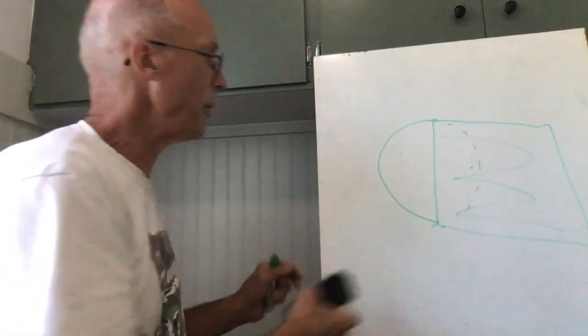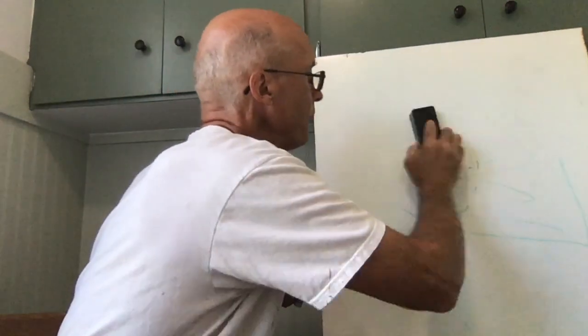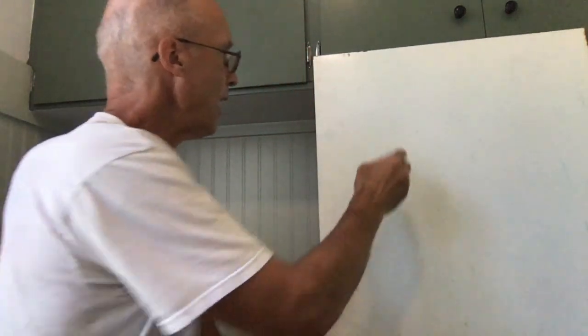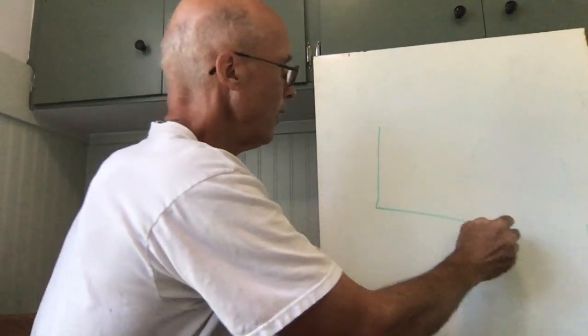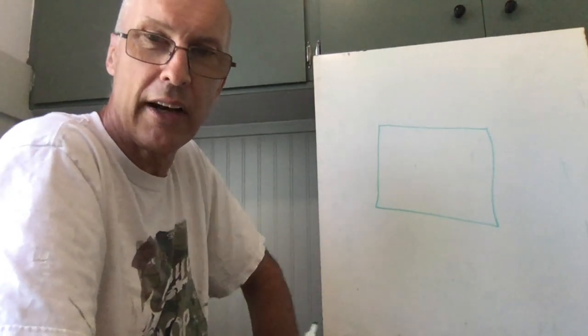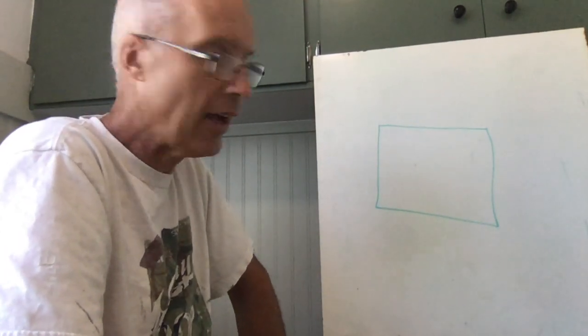Sometimes it's easier to do it by subtraction. Is this a better square? I can never tell till I look at it on camera. I guess it's a rectangle.